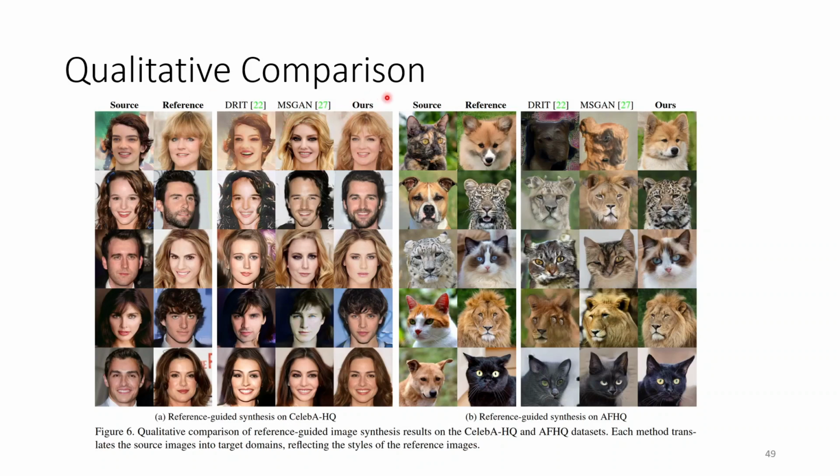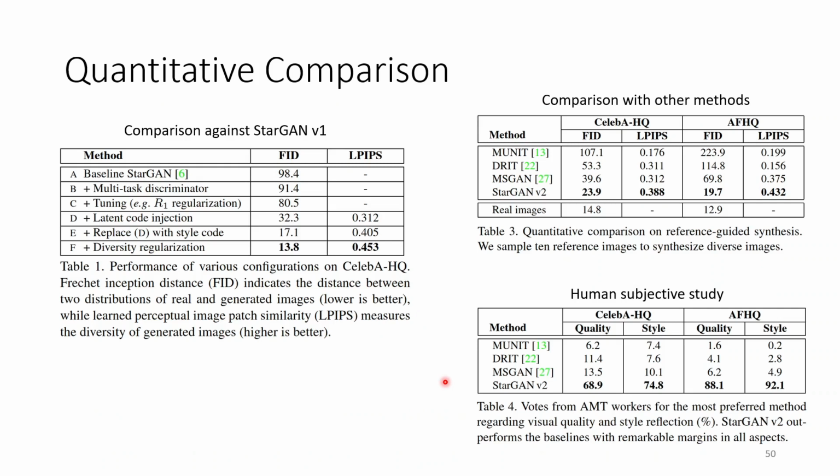This is their generated image, and these are two images generated by the two methods. Let's take a look at the qualitative comparison. Not bad. Do you think so? And right, there is also a quantitative comparison.